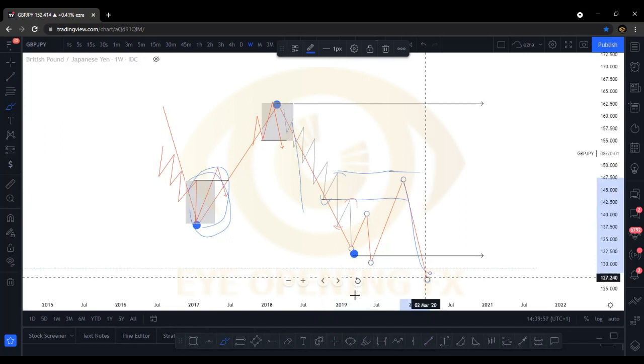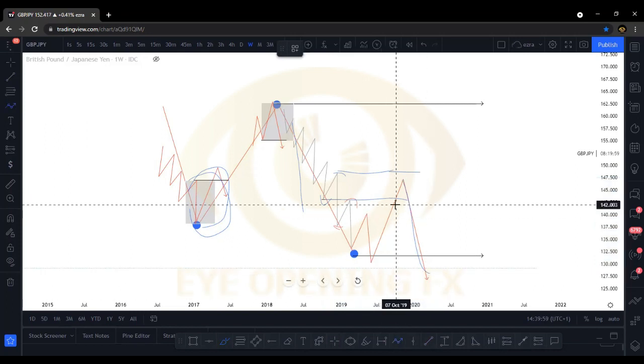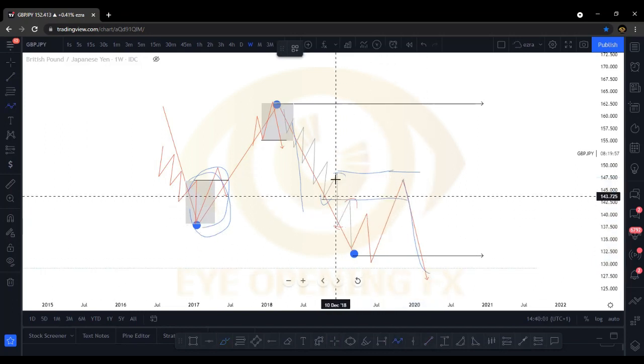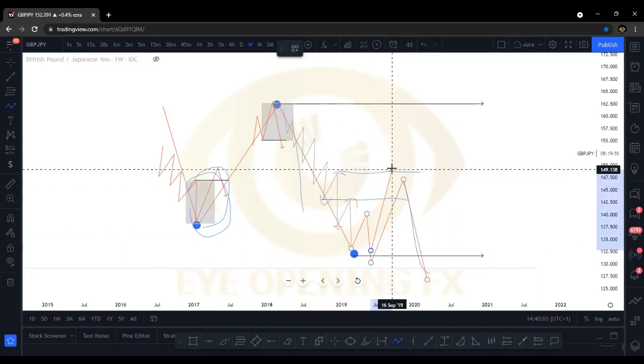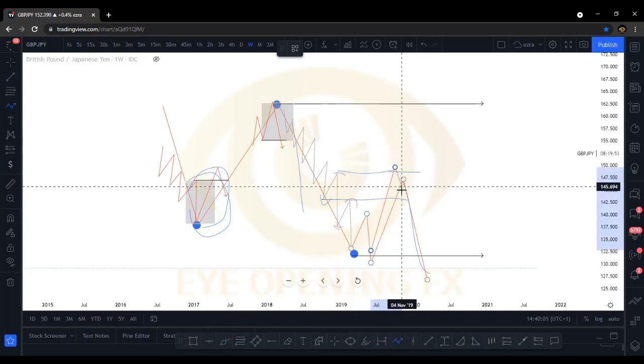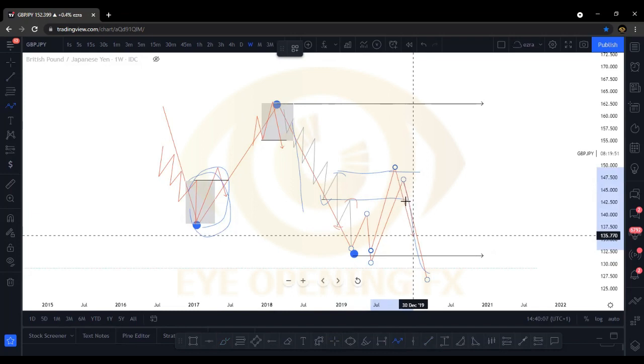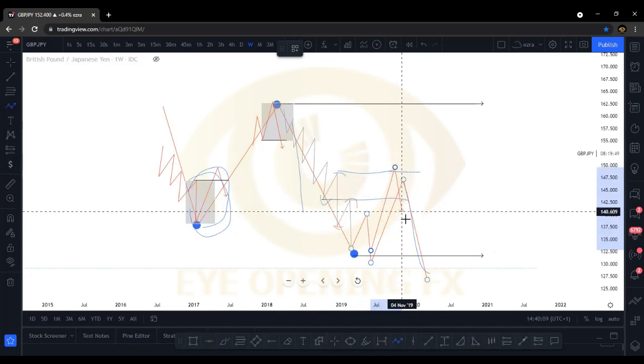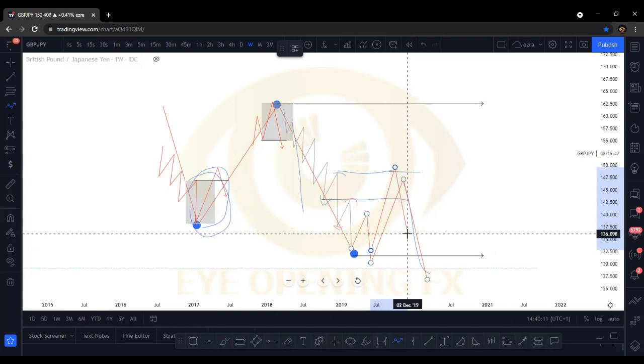So if the market will not use this internal structure, let's take, for example, it breaks this last mitigation, here it breaks this high. This is a minor BMS to the upside. Once it gives this minor BMS, the order flow is still to the downside. The order flow of price, that means the movement of price based on higher time frame, is still to the downside.